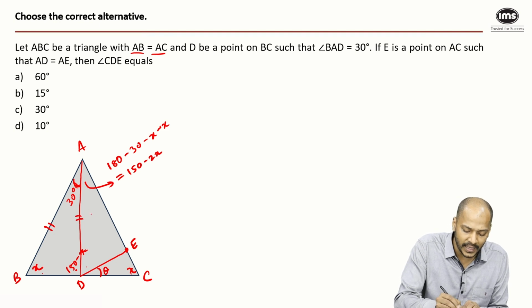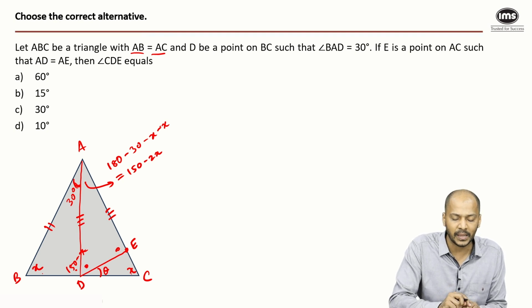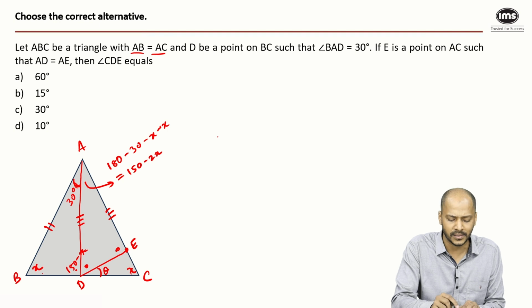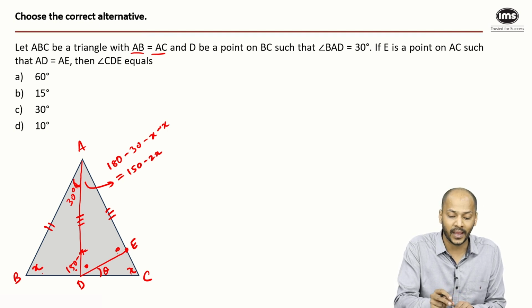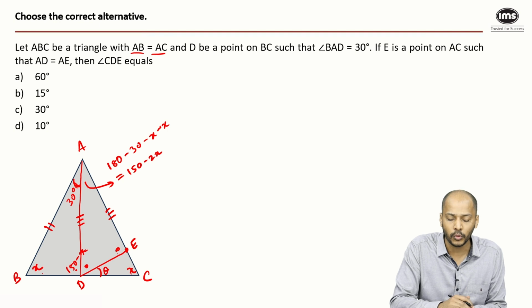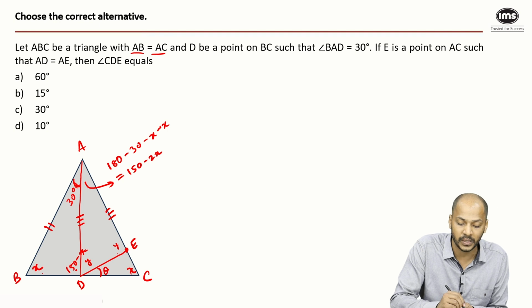And again AD is equal to AE, so I'll use a different symbol, 3 lines maybe. So this is also an isosceles triangle. If this angle is 150 minus 2x, the other two angles would be equal, so let us call these angles y and y.